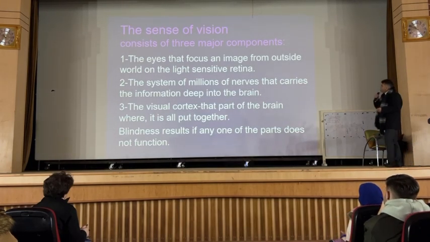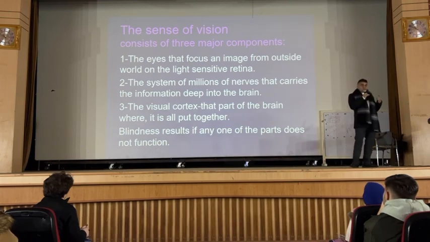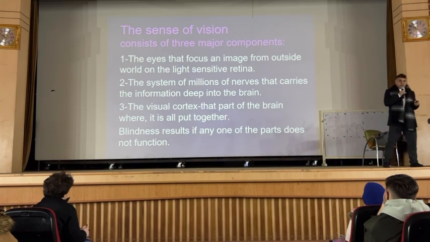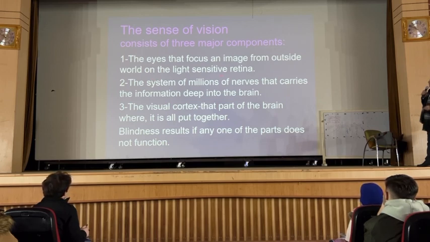The sense of vision consists of three major components. This is how the process of vision happens. First, the eye, which focuses an image from the outside world onto the light-sensitive retina. Second, the system of millions of nerves that carries the information deep into the brain.